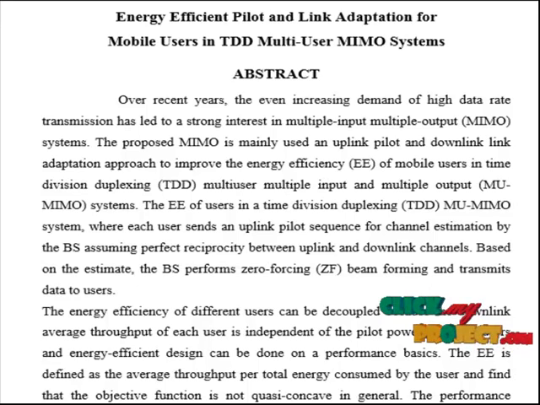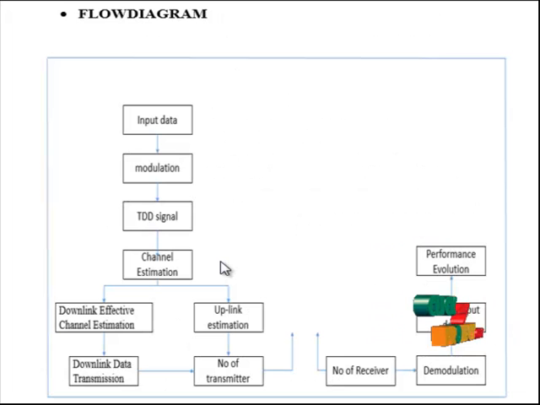The proposed uplink pilot and downlink adaptation algorithm has advantages in improving the energy efficiency and the effective capacity of MIMO TDD mobile multimedia communications. An energy efficiency model is first proposed for multiple input, multiple output, which can be implemented using beamforming structures.